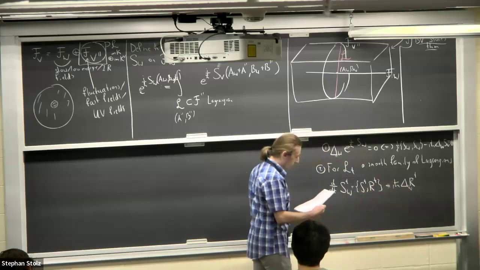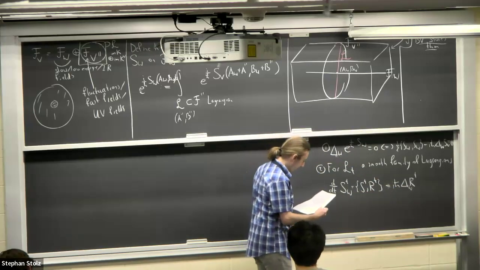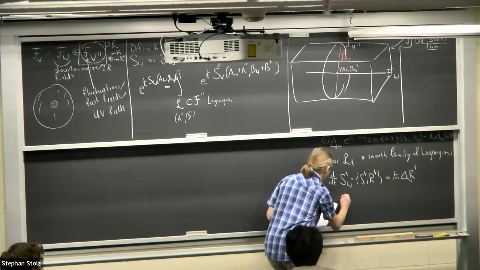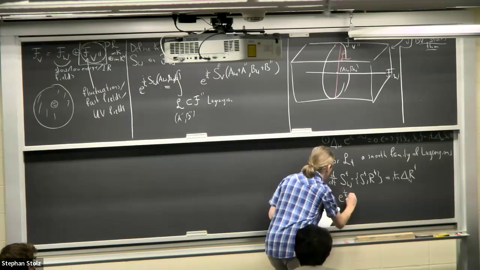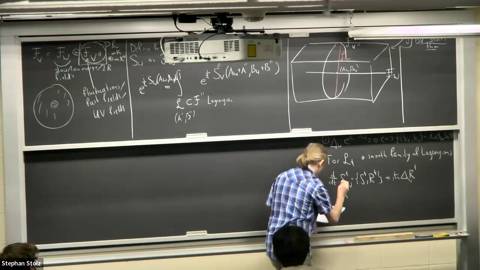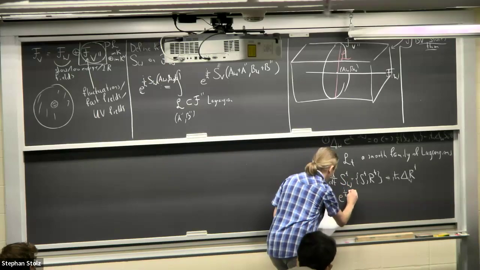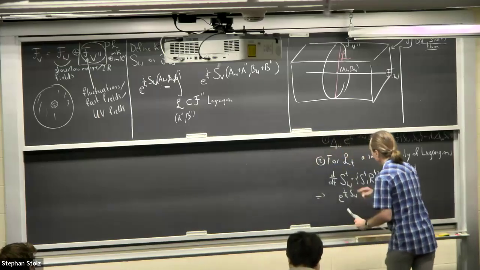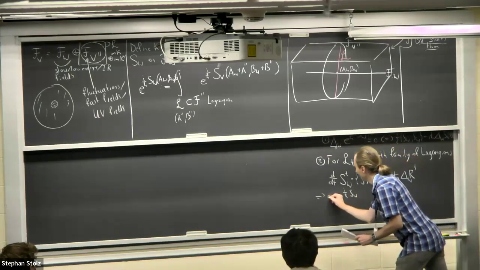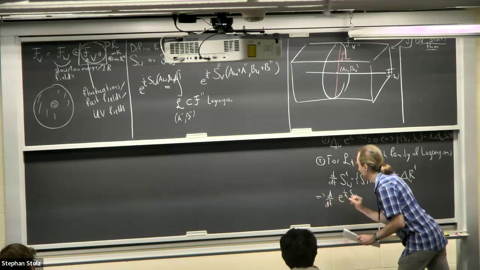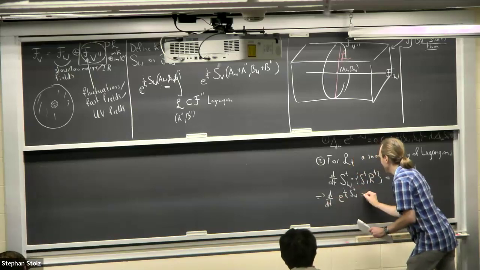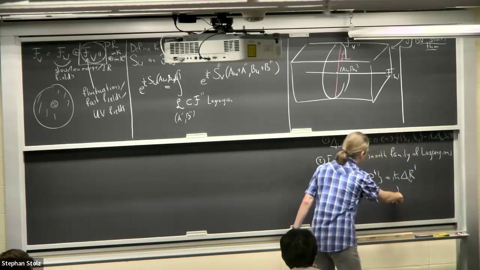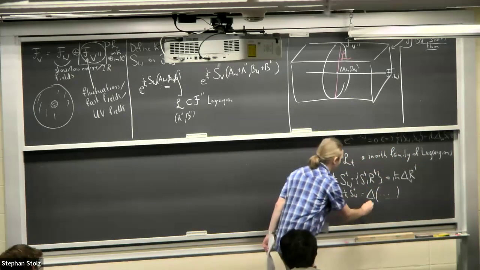What's written here is the so-called infinitesimal canonical transformation. Another way to write it is that the exponential of S_W changes by, if I take its derivative in t, a delta-exact term. And what's written here depends on this generator R.